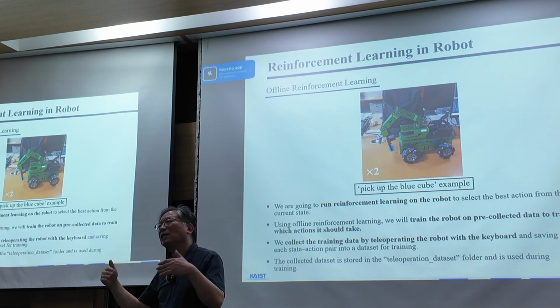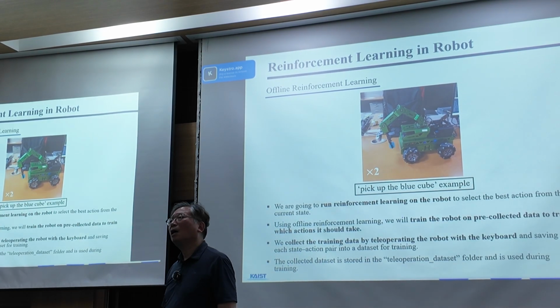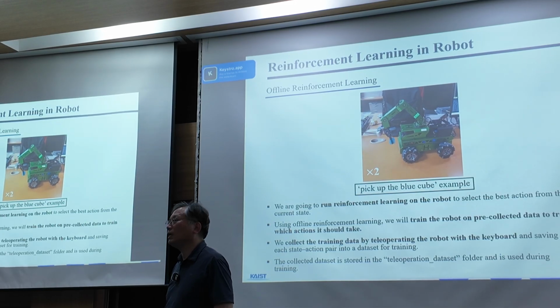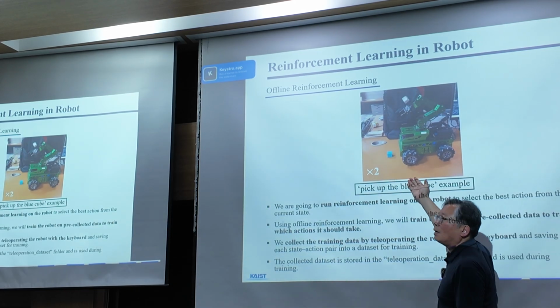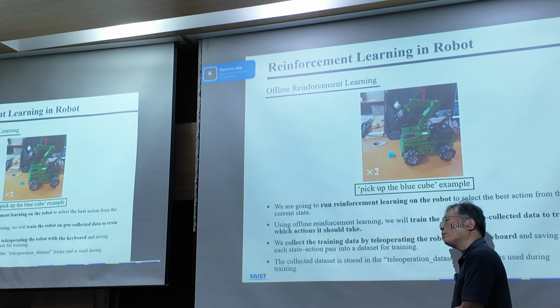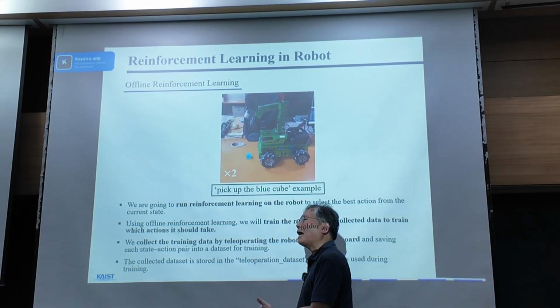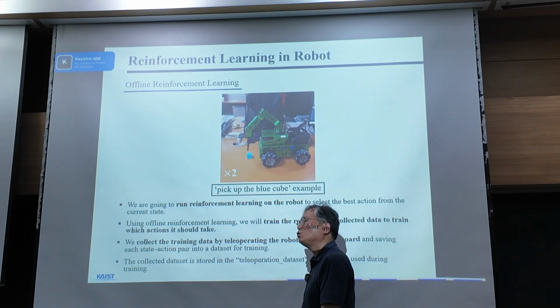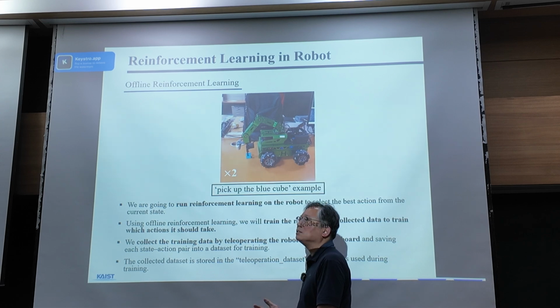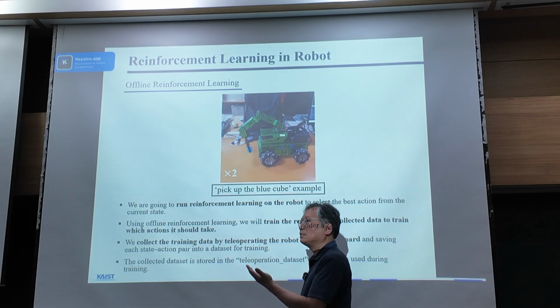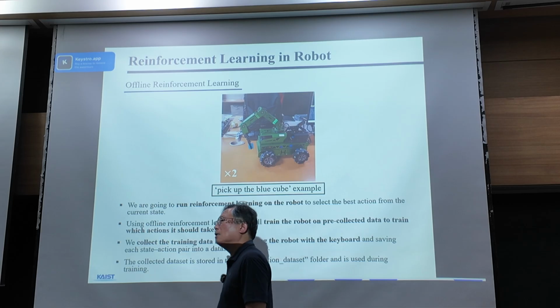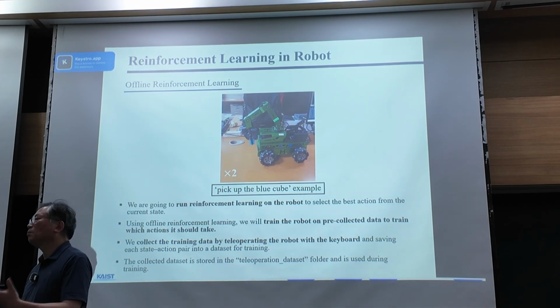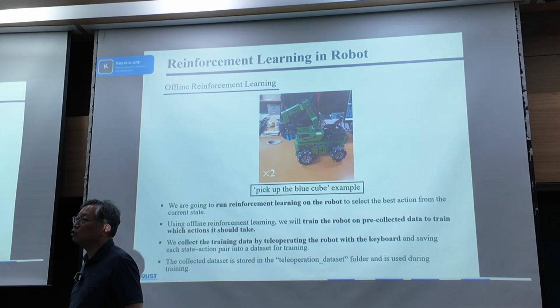You're also going to recognize images. And what you're going to do is teleoperate. Let's say you want to pick up the cube. You're going to teleoperate and gather some data. You will be successful in some situations. You will be unsuccessful. But you will gather that data. And based on that data, you would come up with a good policy. So it's like supervised learning.